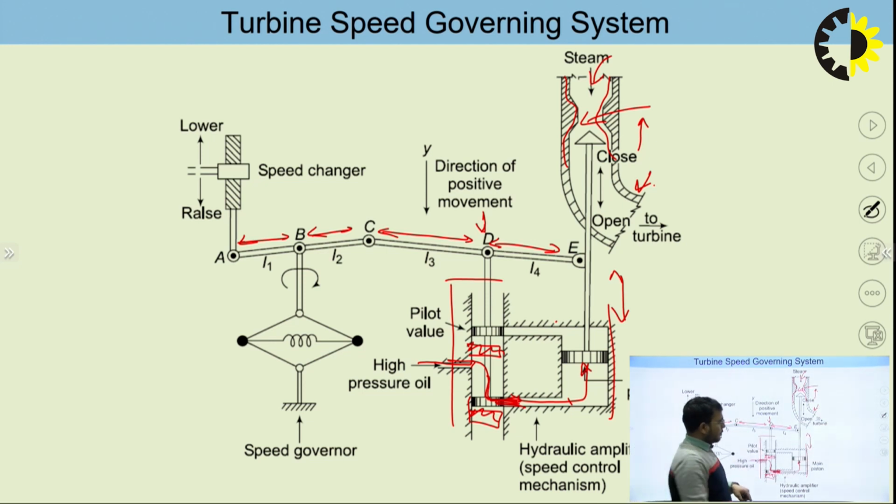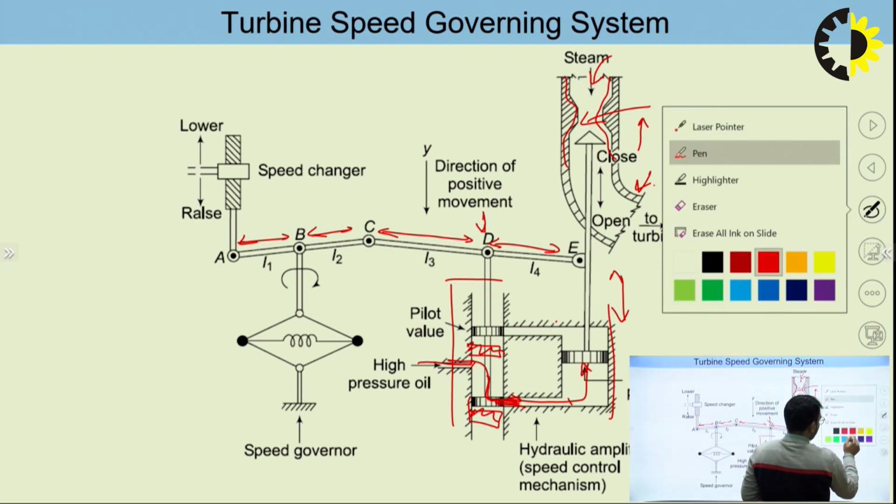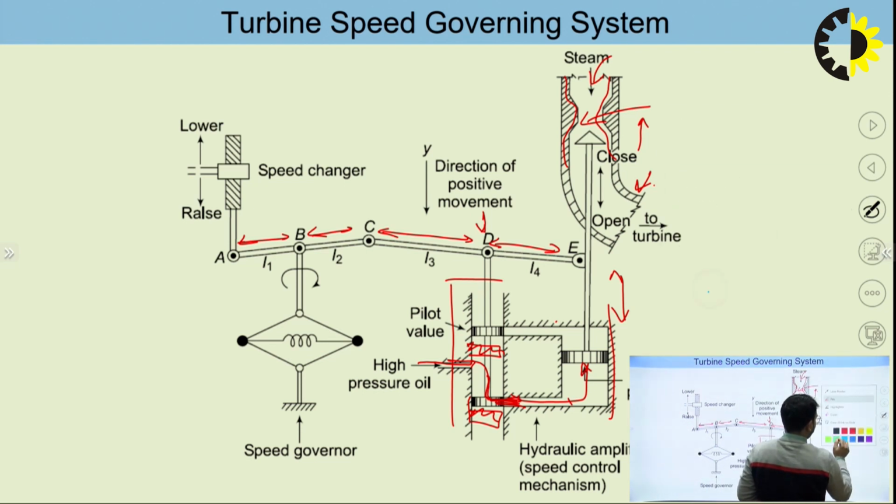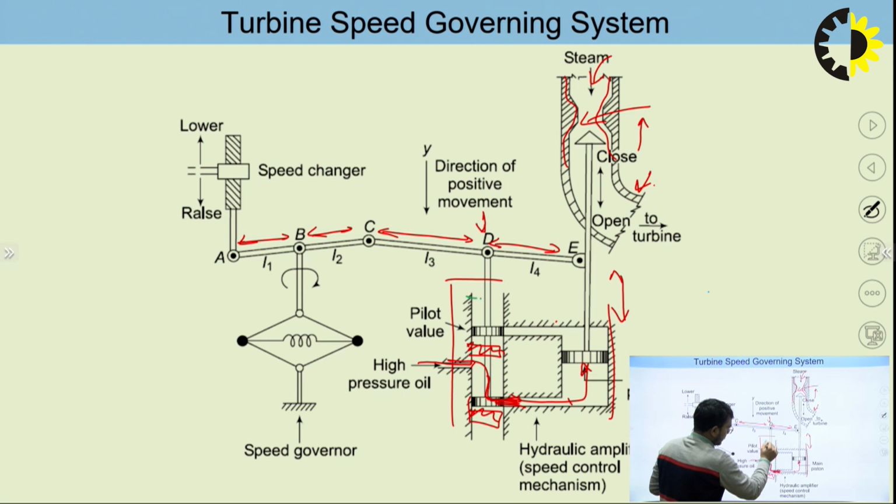Opposite to that, whenever this D portion moves in upward direction, the position of the valves is this one, and you can see over here this portion fills with oil and the oil moves from this direction.